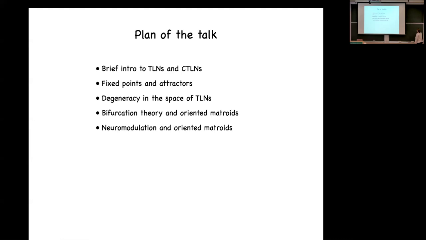And I think I will just start by drawing maybe a little picture, where we're really thinking today of the space of these networks, the space of TLNs. And if you will, particular CTLNs for particular graphs, say here's one graph, here's another graph, and so on.